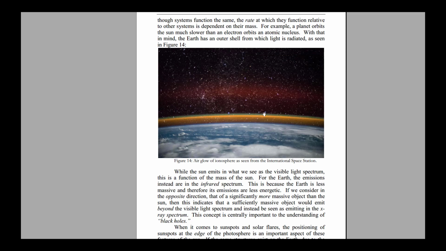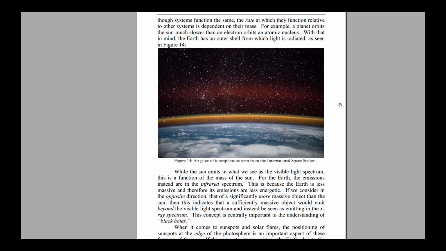So, while the sun emits in what we see as the visible light spectrum, this is a function of the mass of the sun. For the Earth, the emissions instead are in the infrared spectrum. This is because the Earth is less massive and therefore its emissions are less energetic.